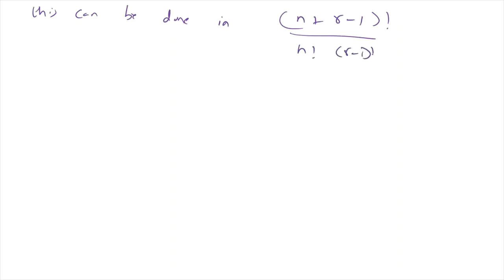This can be done in n plus r minus 1 factorial upon n factorial times r minus 1 factorial ways.